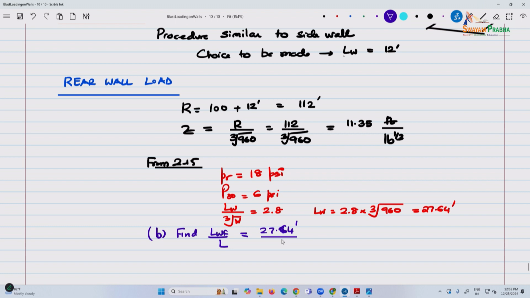L is, in the back wall, L is the back wall height. I didn't mention that, so note that. L is the wall height, so this is 11 feet. So how much would that be? 2.51.